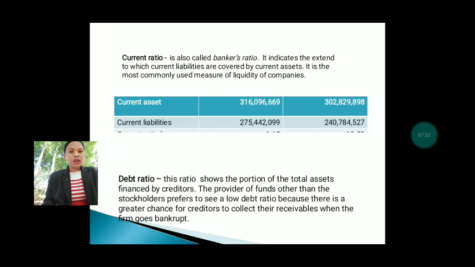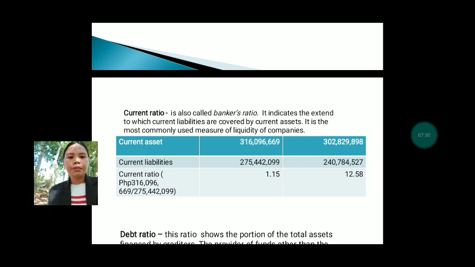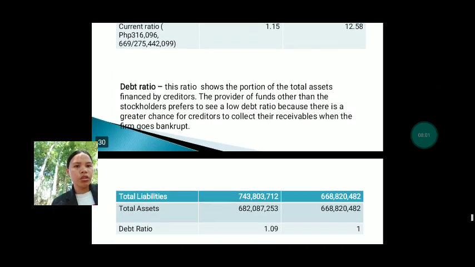So current assets over current liabilities: divide 316,096,699 by 275,442,099, which equals 1.15. The same process applies to 2018, which equals 12.58.